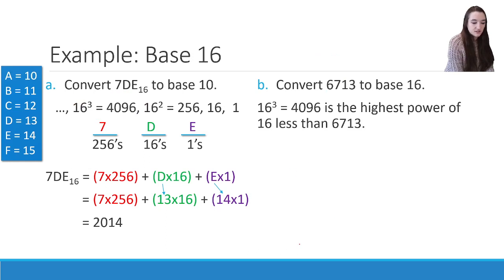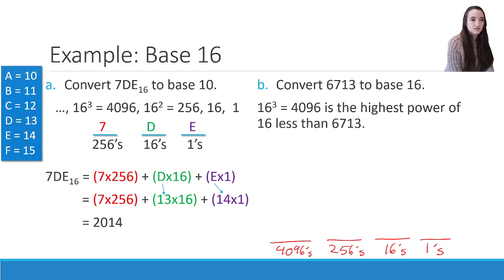So we will have position values for the 4096 place, the 256's place, the 16's place, and the 1's place. 4 position values we're going to need to fill out completely.